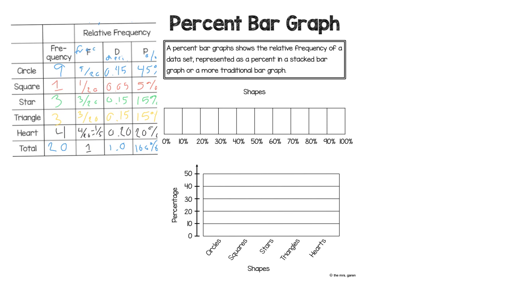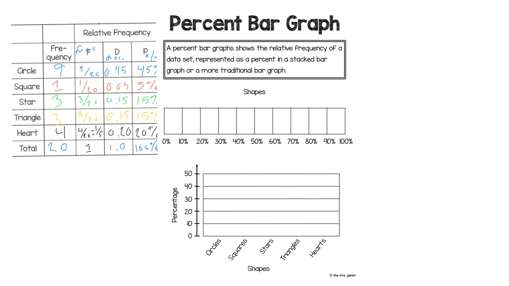All right, so now it is time to put this all together into our percent bar graph. So we're going to look at the bar graph that's on the top, and I brought over our frequency table that we just made. In order to make this percent bar graph, what we're going to do is color in each of the percents that we have. So the first one we have is our circle, and our circle we said is equal to 45%.